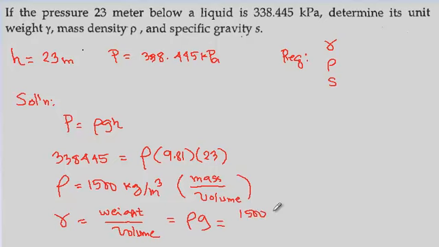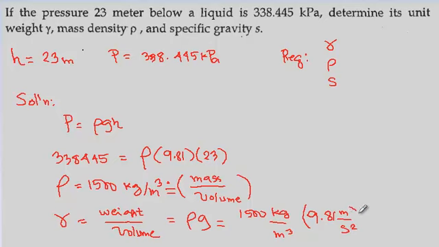In this case, rho is 1,500 kilogram per cubic meter. Multiply that by g, which is 9.81 meter per second squared.